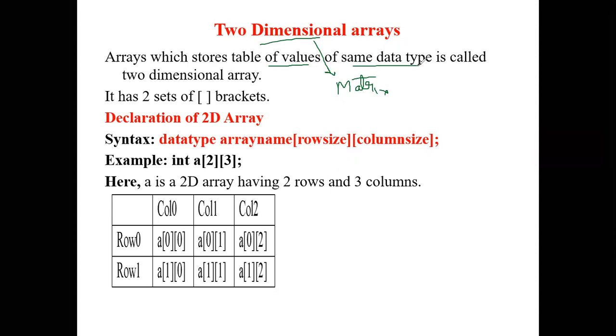So here also we are storing elements of the same data type, but we are storing them in a table of values. Okay, here we are using two sets of brackets. For a one-dimensional array we have used just one bracket, but here we are using two brackets.